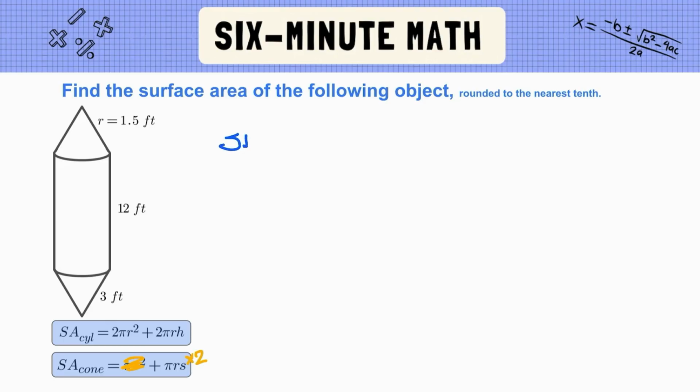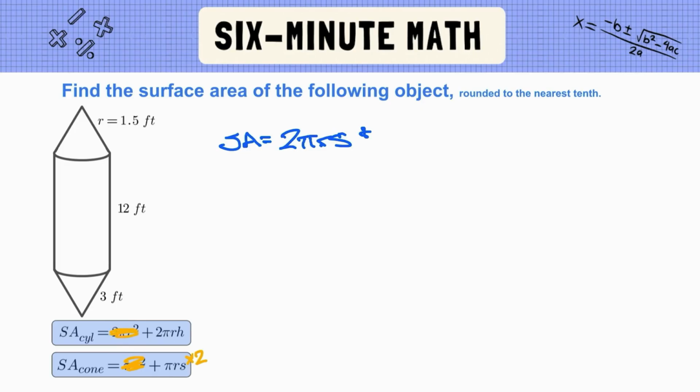So my new surface area is going to be 2 times pi r s, which in this case would be 2 of the lateral sides of the cone, plus I look at my surface area formula for cylinder. 2 pi r squared is the 2 circles.